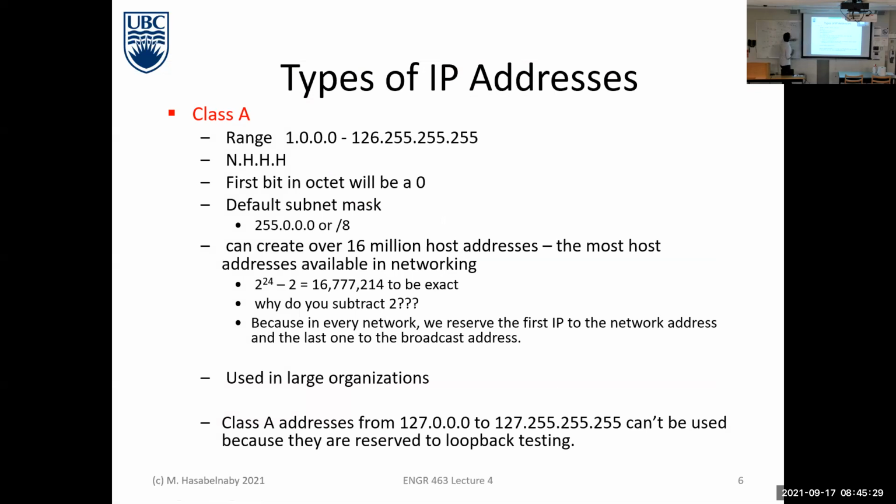Sorry for that. So this is the first range. We call it class A. In class A, we assign the first octet to be the network part, and we reserve the other 3 octets to serve as the host part.